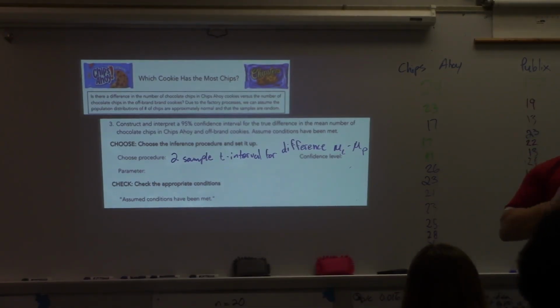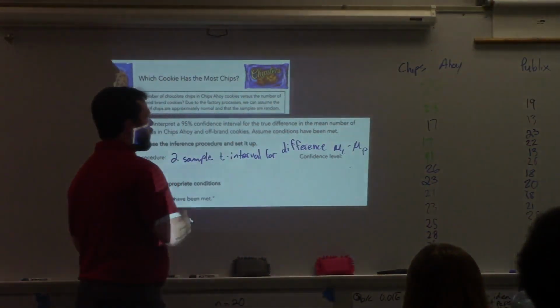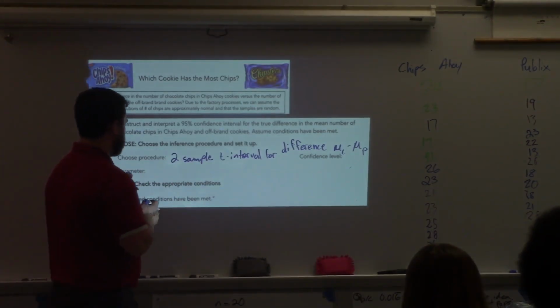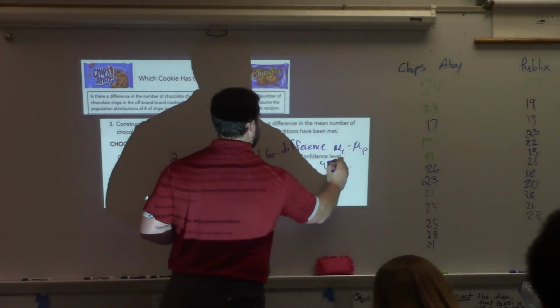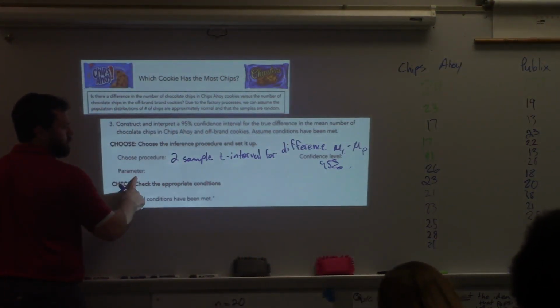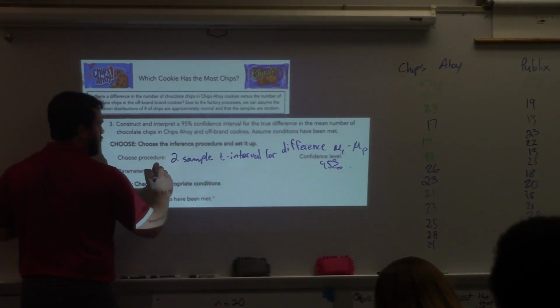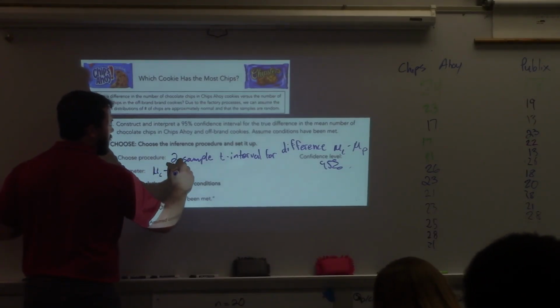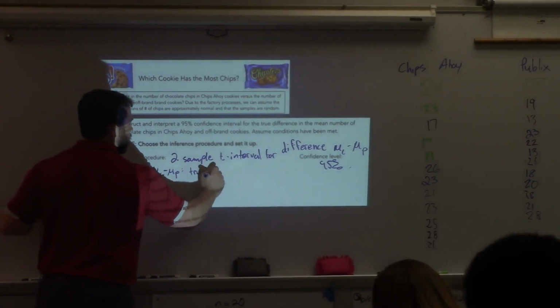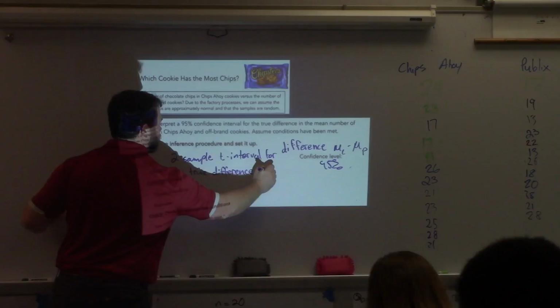Guys, do not forget, inference procedures are all about the population. So what confidence level? 95%. Okay. Parameter: mu sub c minus mu sub p, the true difference in what?